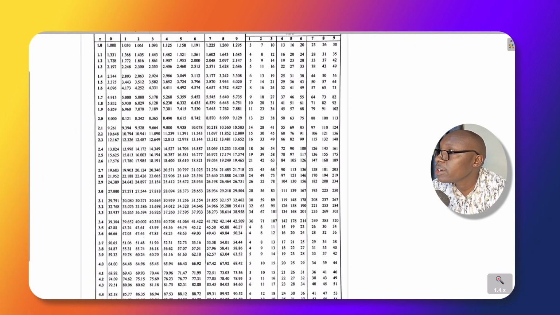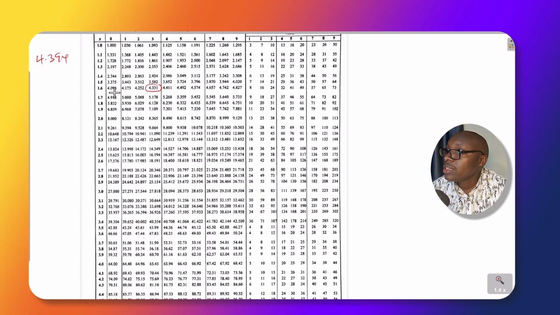Let me check the closest 4.394 inside here. I think this is the closest, 4.331, because the next one after that is 4.411. It exceeds 4.394. So the one that is closest to 4.394 is that.